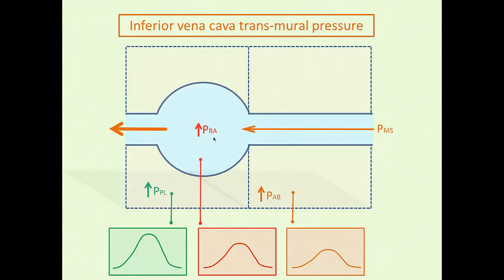So remember the IVC, as soon as it crosses the diaphragm, it's essentially in the right atrium. So as the right atrium goes up, the pressure in the IVC goes up relative to the increase in abdominal pressure. So this increase in right atrial pressure relative to the increase in abdominal pressure, this creates a bit of a distending pressure, and the IVC actually dilates during a mechanical inspiration in the patient who's fully passive and not generating any negative intrathoracic pressure.